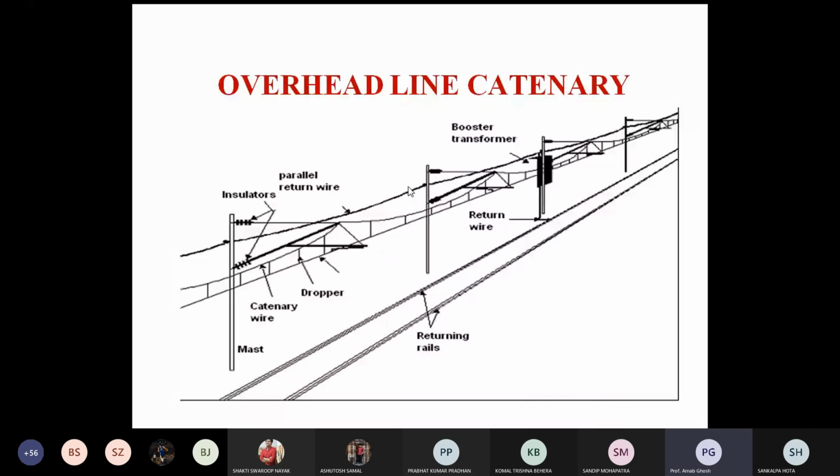Sometimes all are trying to maintain the standard 50 hertz, but the synchroscopes are always there. I think all of you are aware of the synchroscope. Still there is a synchroscope, but sometimes there is a mismatching of the frequency, plus minus 5% normal convention.